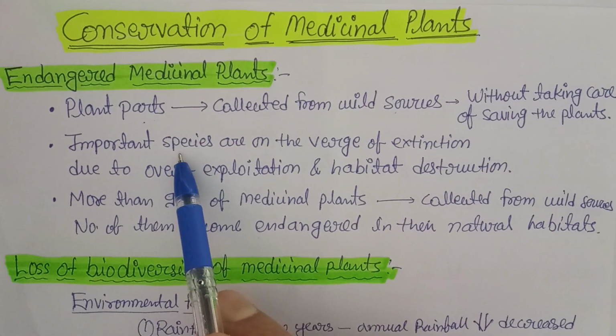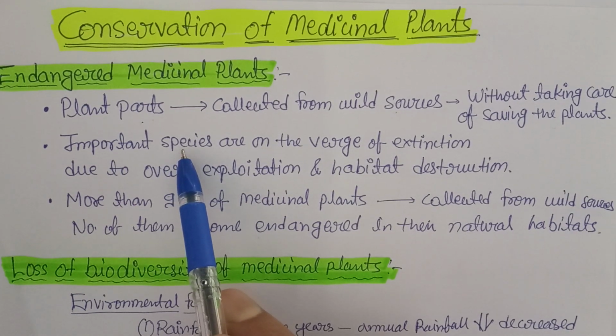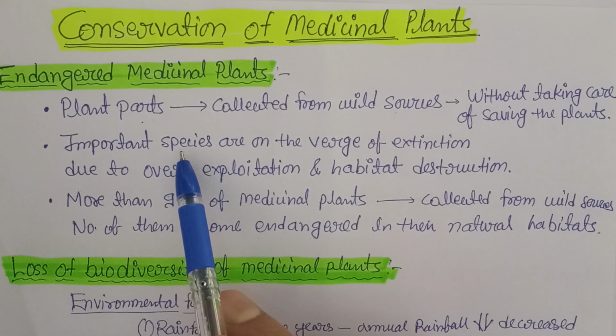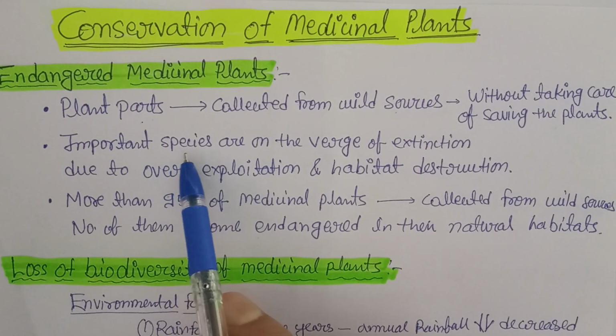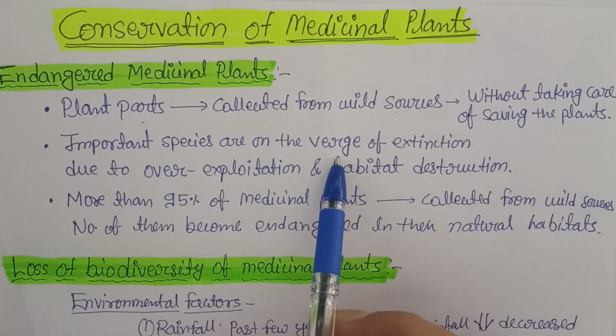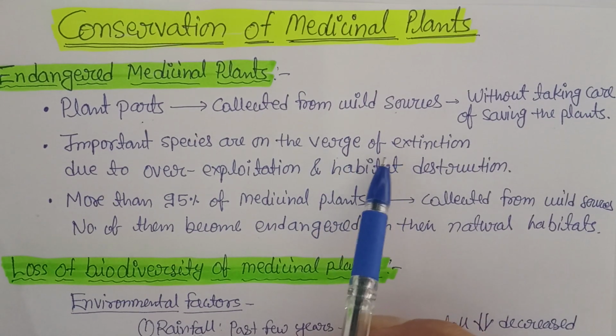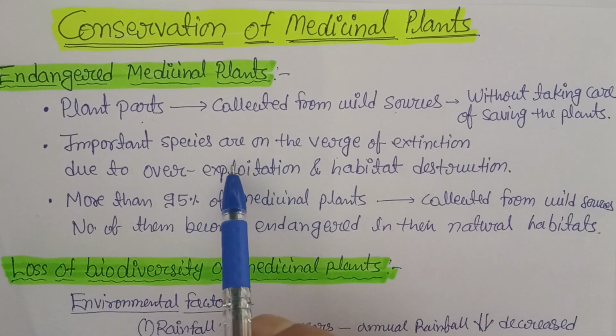For example, take giloy. Giloy is being cultivated by different pharmaceutical companies, for example Patanjali, Amway and many others. But still, so many plants in the forest are on the verge of extinction. They are not going to grow further in the next season, right?